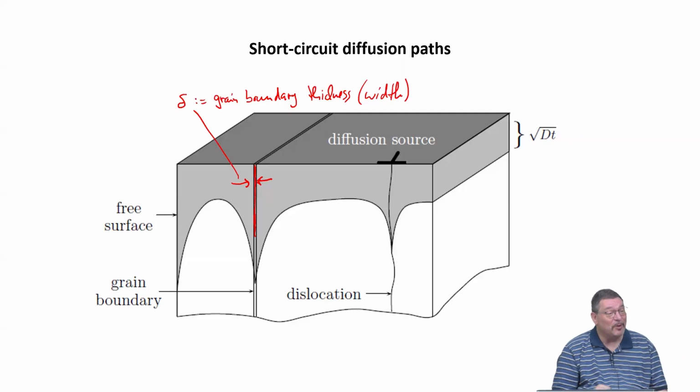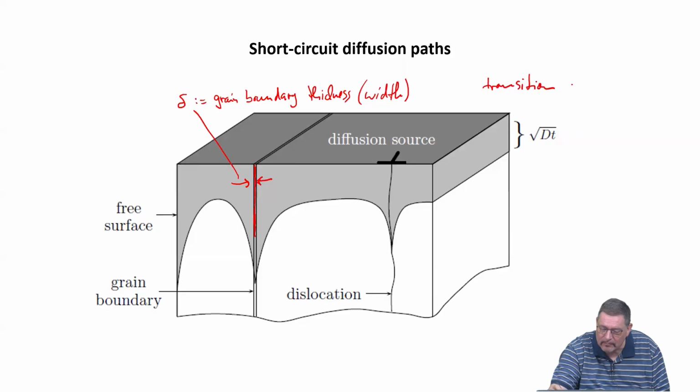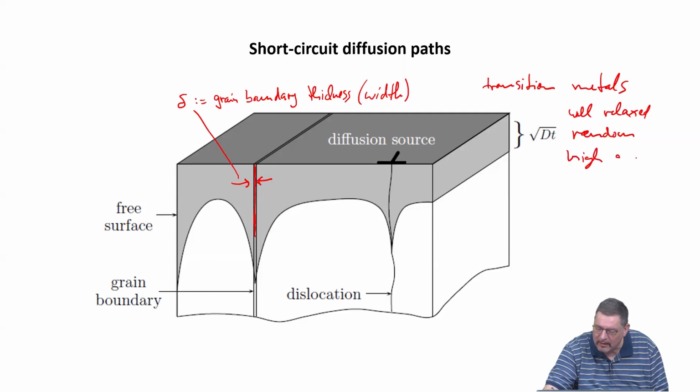No, it's actually 0.5. For transition metals and well relaxed, random, high angle grain boundaries.